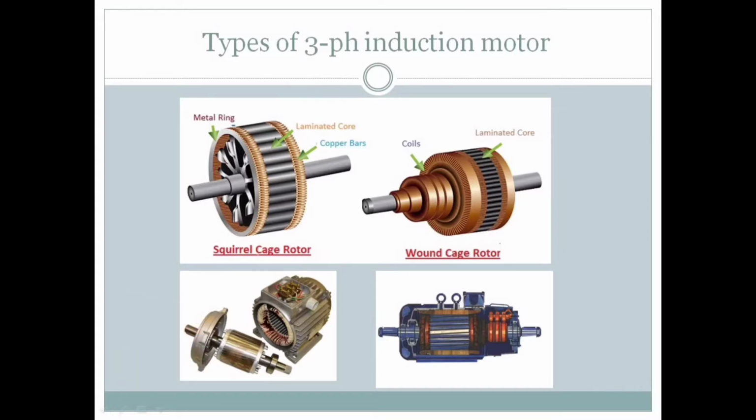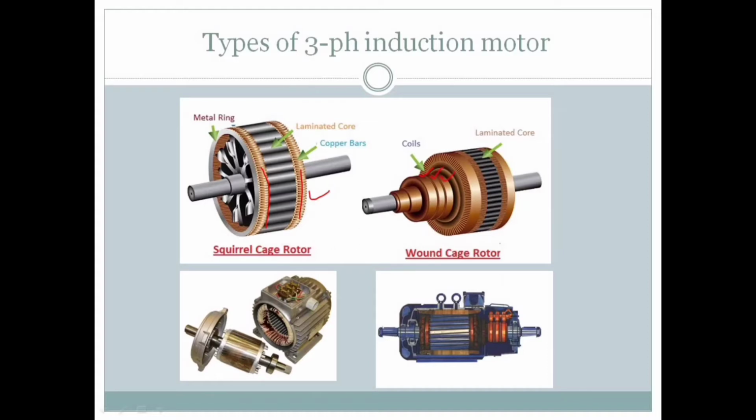You can see here in the squirrel cage rotor, or squirrel cage induction motor, end rings are connected, but in the case of the wound rotor, or slip ring induction motor, slip rings are present.